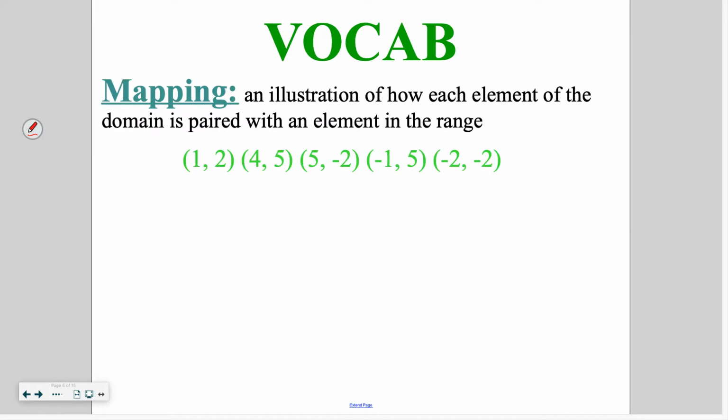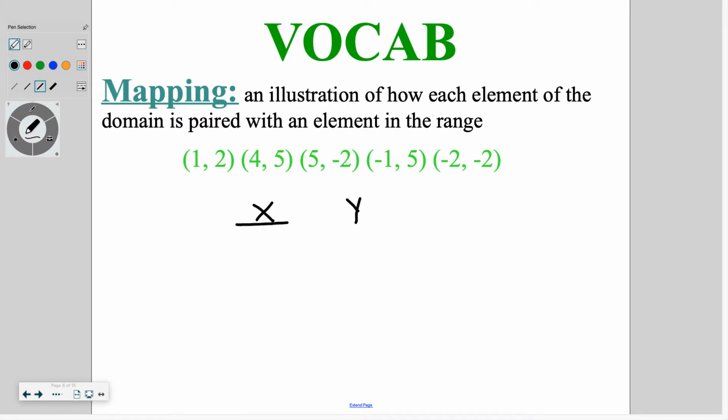Last piece of vocab we have is called a mapping. And this is an illustration of how each element in the domain, again, that's our x values, is paired with the elements in the range. That's our y value. In order to set up a mapping, the first thing we need to do is list our x values, and then we also need to make a list of our y values.